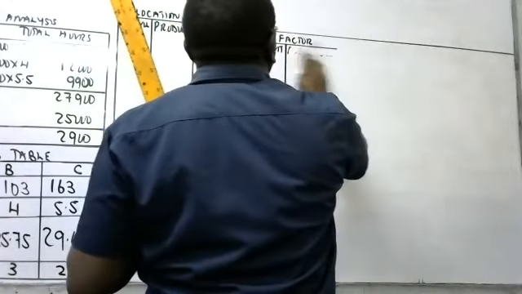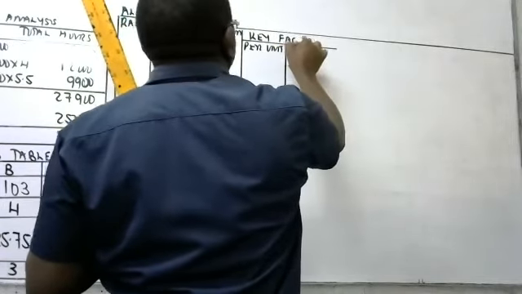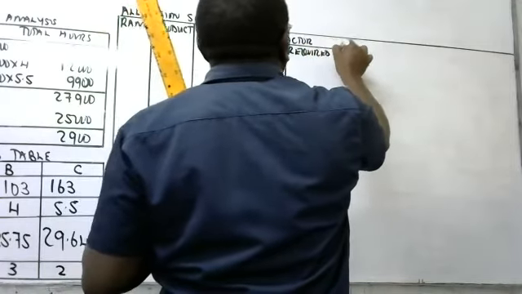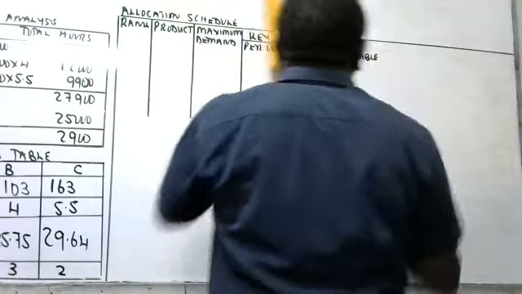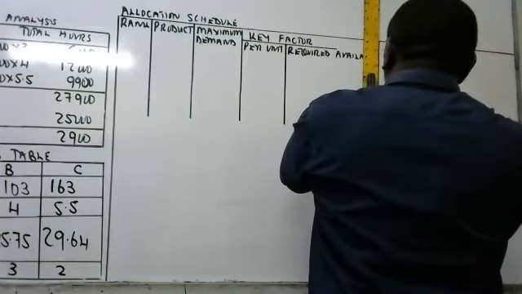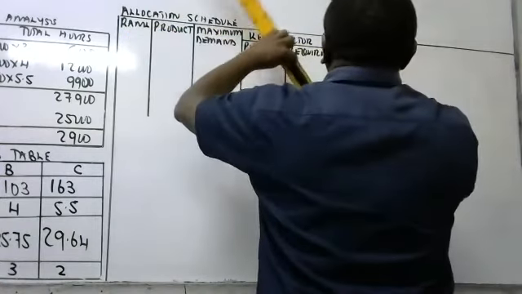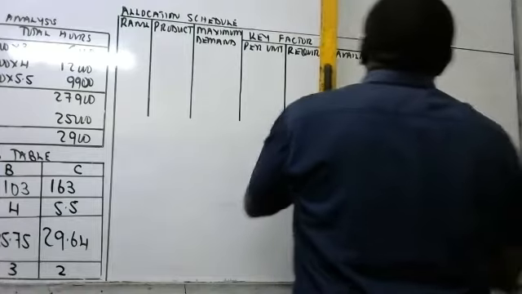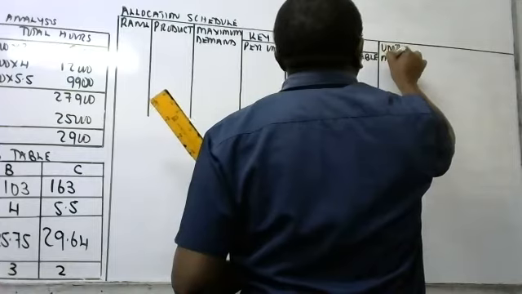Or I should start with the required. Let me put it this way. Required. Then we have the available. Then we have units made.